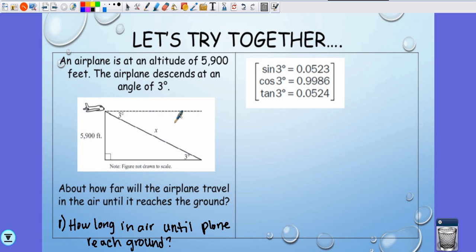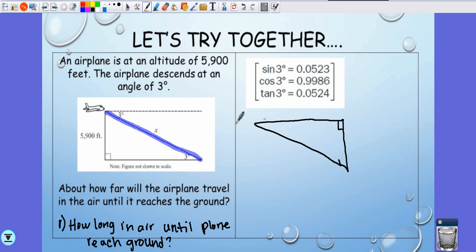In this case, they gave us a picture, so we're lucky, and it wants us to solve for x. So it wants us to solve for, as this plane descends, how long will it be in the air? So it wants us to find this side. If you notice, this triangle isn't complete on this side, so I'm going to redraw the triangle and complete it myself.